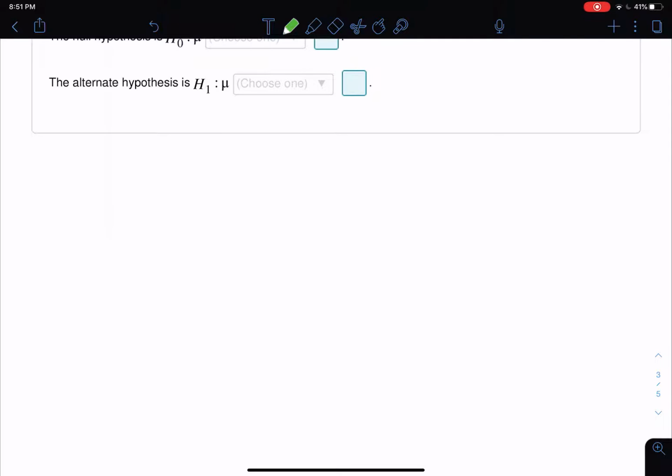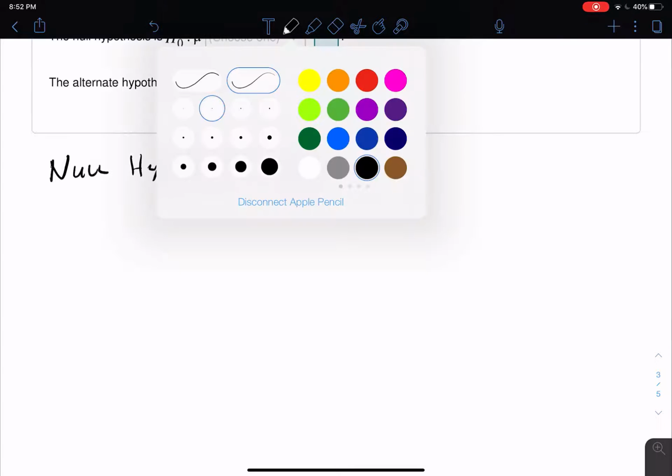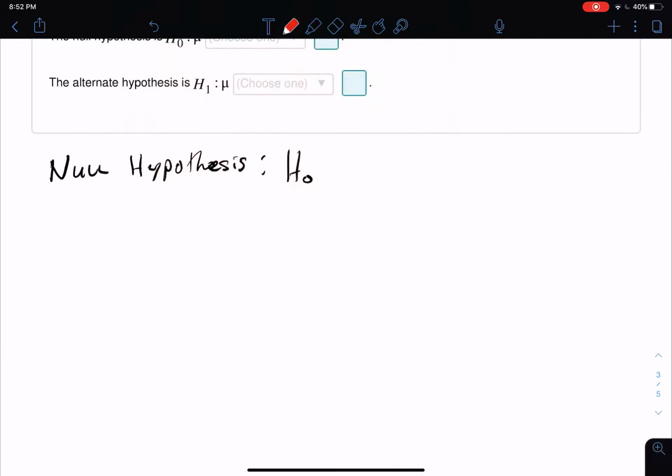So first of all, when we're coming up with our hypotheses, the first one we like to put down is called the null hypothesis. The symbol for that is just going to be H sub 0. The null hypothesis will always have some sort of equality.